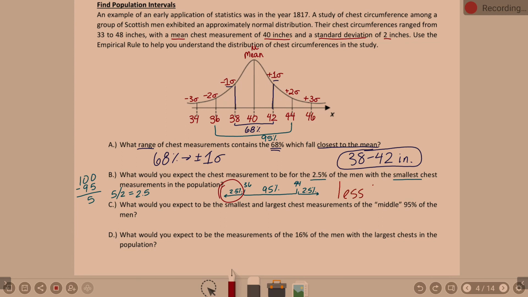Honestly, I probably forgot the problem said it started at 33. But do we always have a beginning point? We're not always going to have the chest ranges from 33 to 48. We're not always going to have this information here. We happen to this time. So that's why I could support 33, the lowest piece, to 36. But really what it's saying is it's just anything under 36 inches.